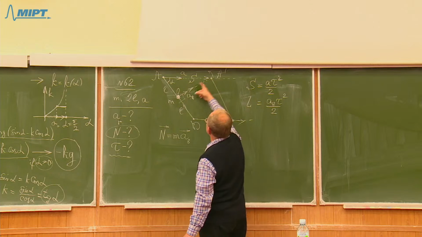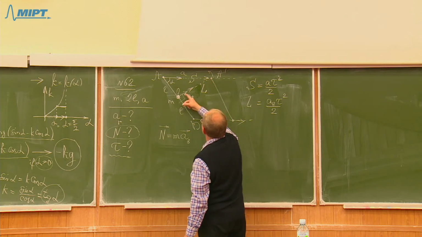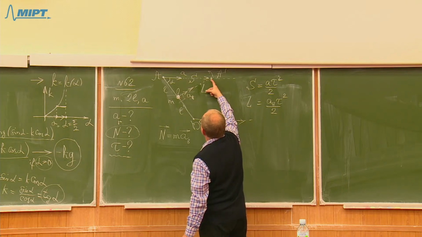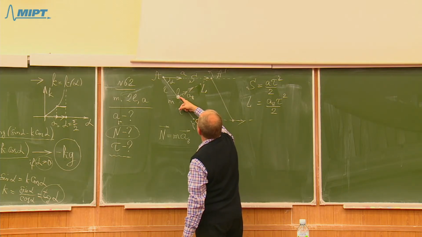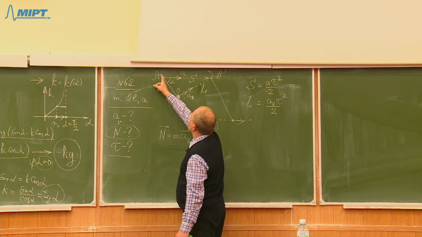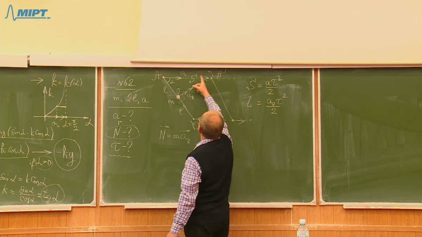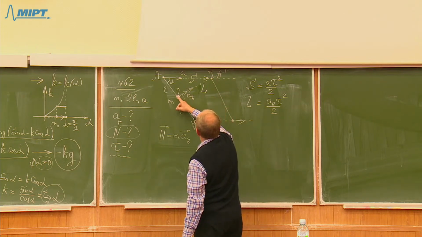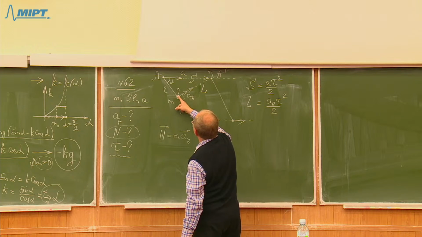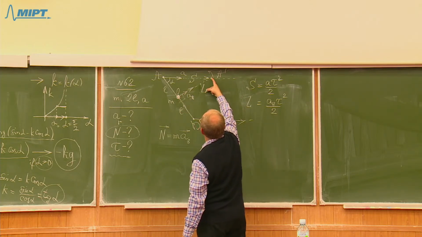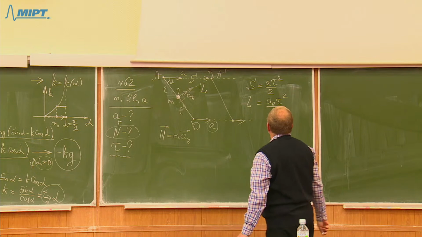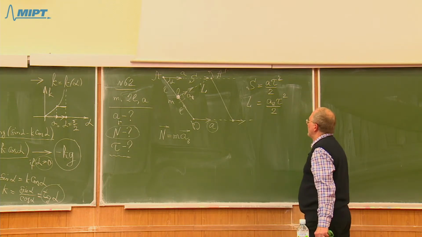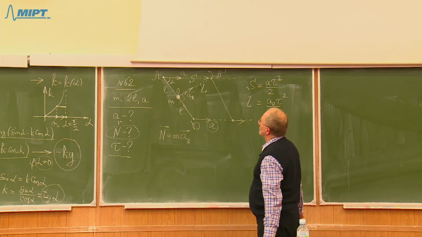The bead covered this displacement, this length, in the same time interval which is required for point A to go from initial position A to position A prime. The time interval is the same, but accelerations are different, and S and L are different.